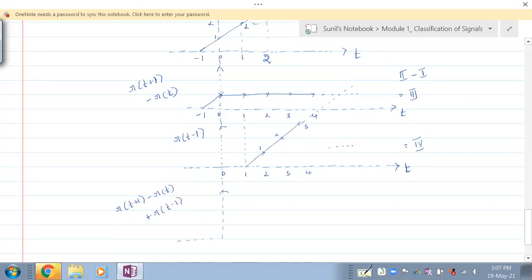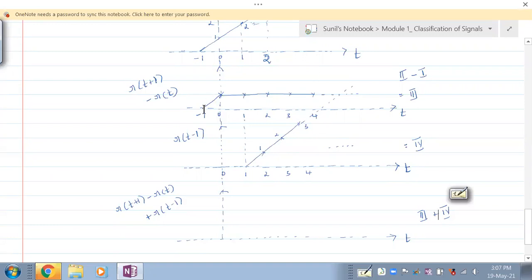So what happens? Can you sketch this and see what we are supposed to get? From minus 1 to 1, there is no problem at all. So we're doing the third signal plus the fourth signal. Fine. So you're adding these two signals, simple.